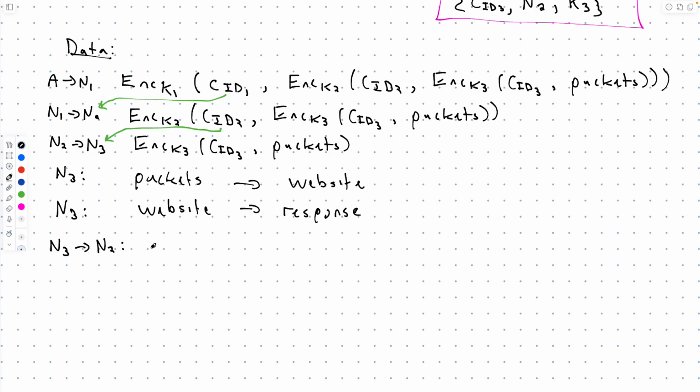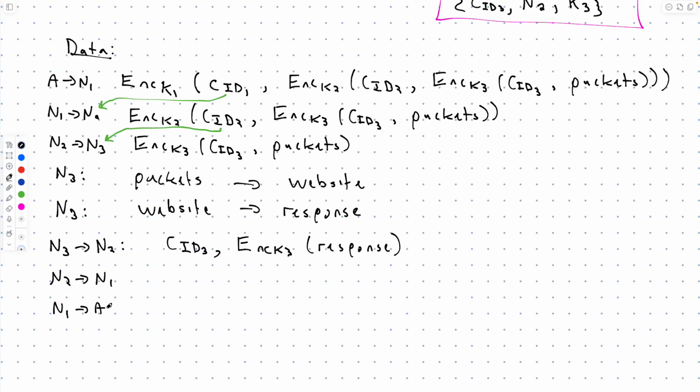And when I send stuff to N2, I use CID3. And I encrypt things with K3. Okay. And then N2 to N1 will do the same, and N1 to Alice will do the same. Each of them will add a layer of encryption.